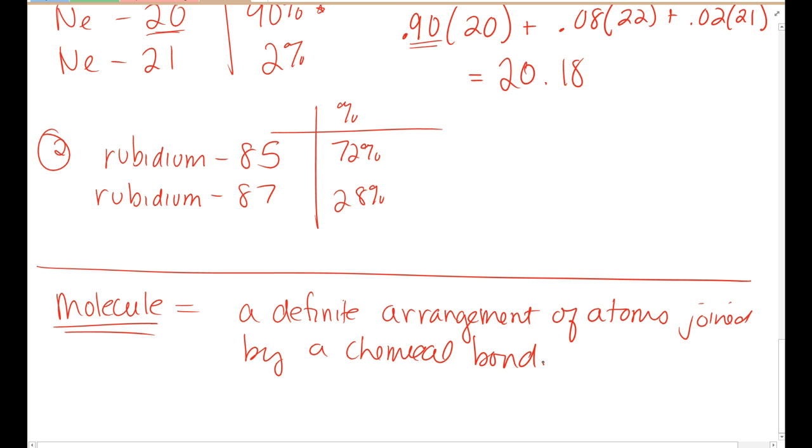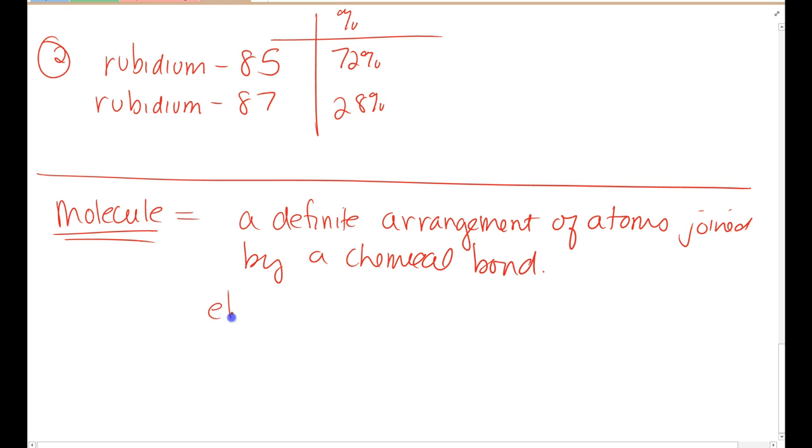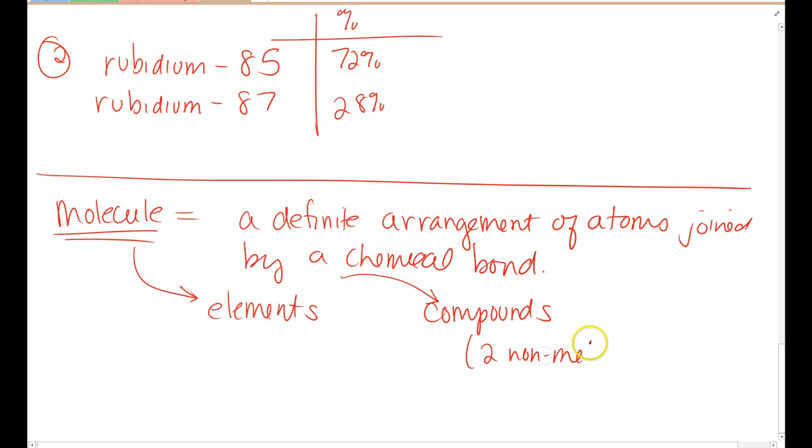So molecules can be elements or they can be compounds. Elements can make up a molecule, and compounds are referred to as molecules. One unit of a compound is referred to as a molecule. They're usually formed between two nonmetals. Molecules are usually two nonmetals.